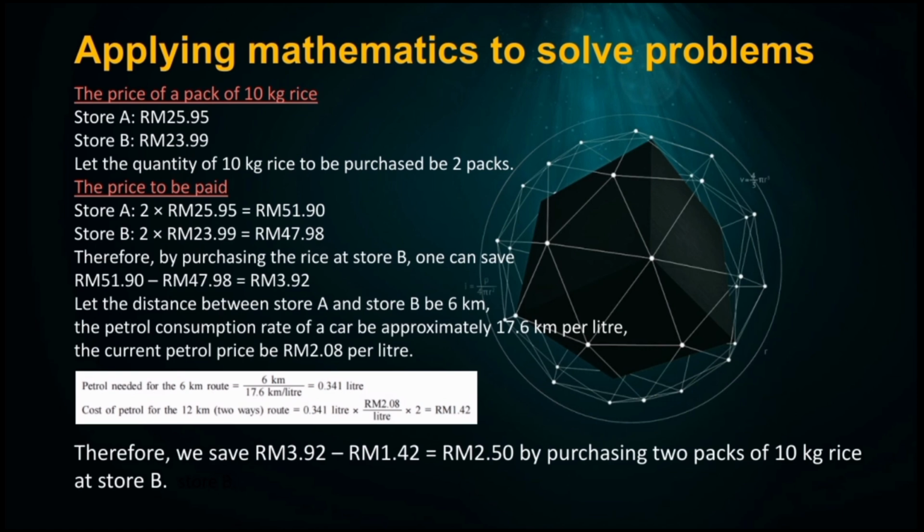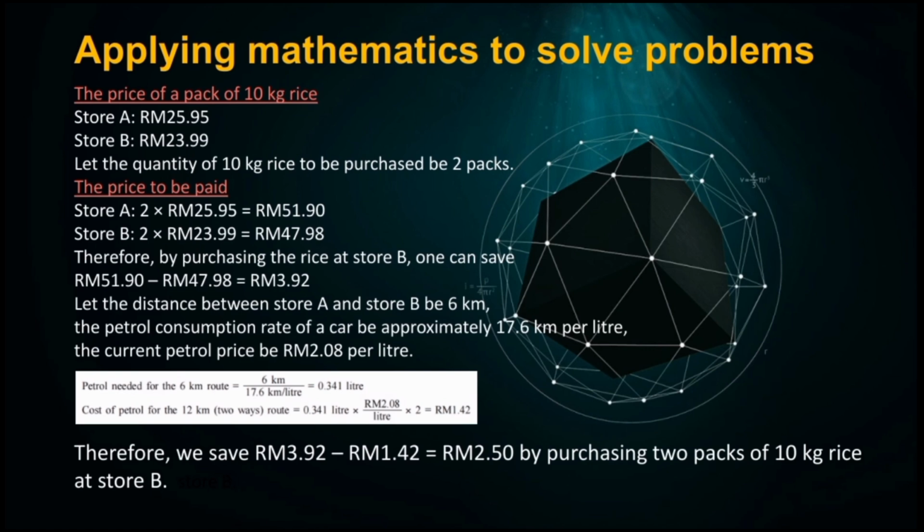Therefore, by purchasing the rice at store B, one can save RM 51.90 minus RM 47.98 equals RM 3.92.